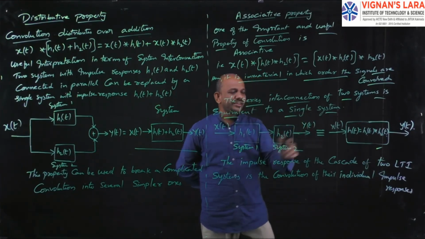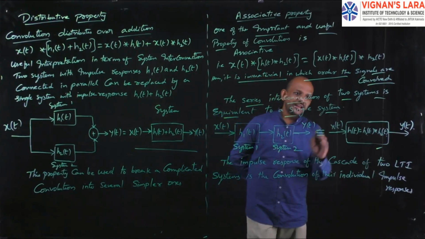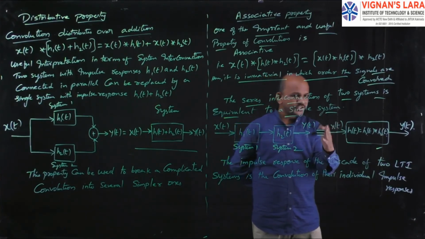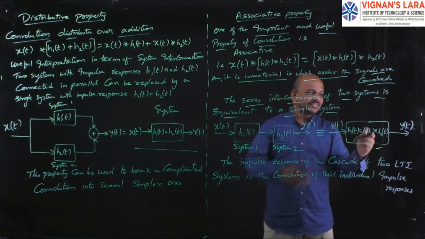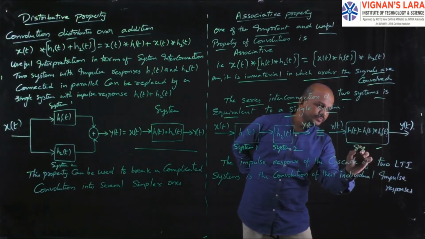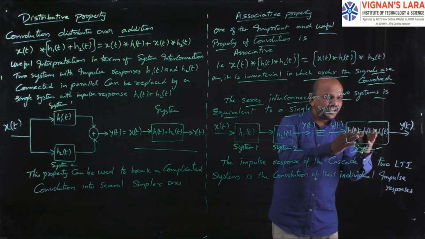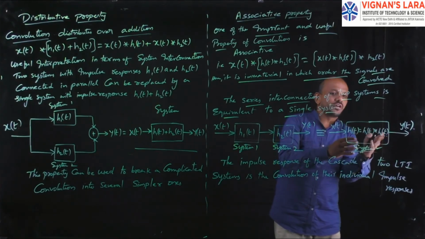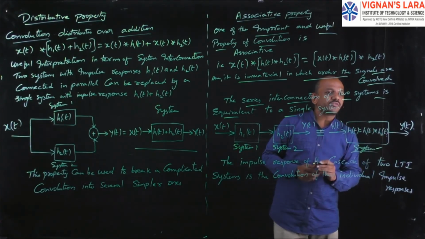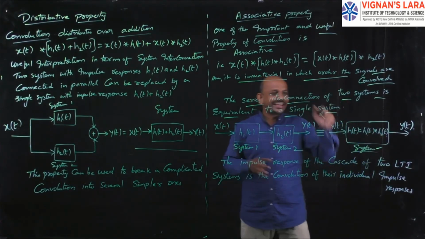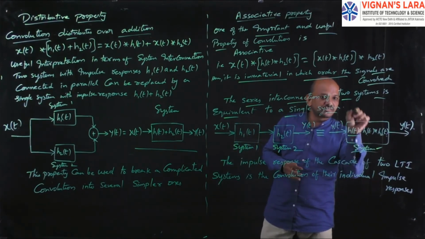This output is equivalent to a system with input x of t and an impulse response of h1 of t convolution h2 of t. The combination h1 of t convolution h2 of t is taken as the impulse response of the system.